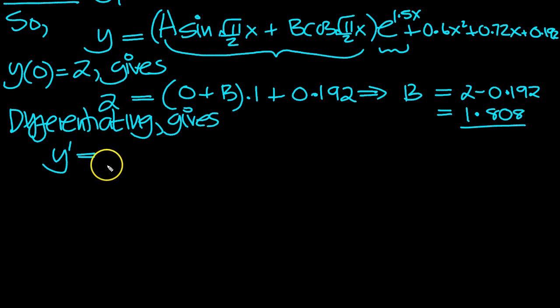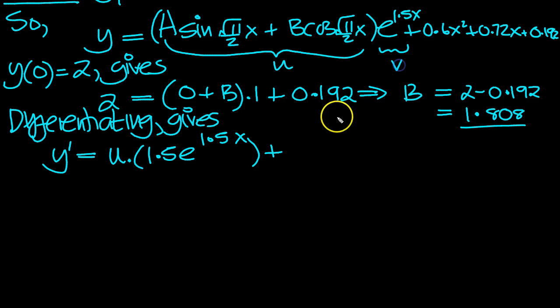So I'm going to label this u, and just write it down here. And then the v, so that'll be 1.5, that comes down, e to the 1.5x, plus v times du. And this sine goes to cos, and the root 11 over 2 comes out to be with the a, and sine goes to cosine root 11 over 2x.